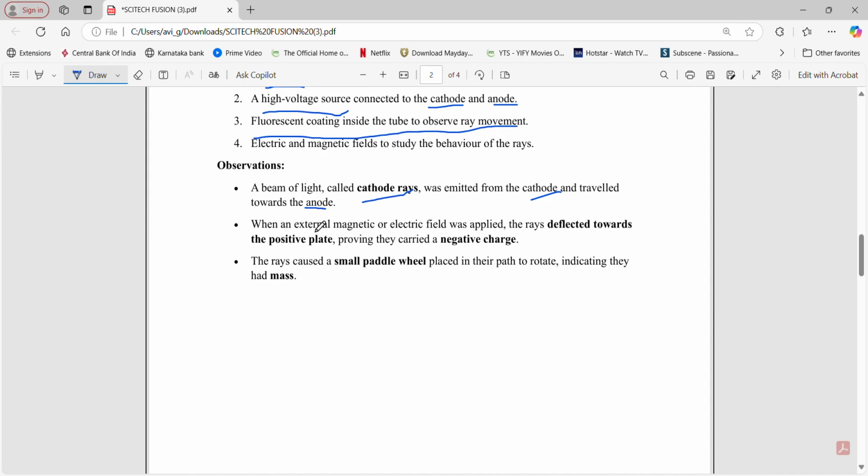And when an external magnetic or electric field is applied, the rays deflected towards the positive plate, proving they carried a negative charge.